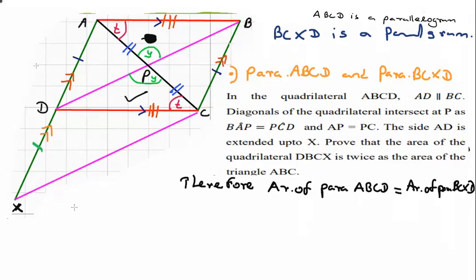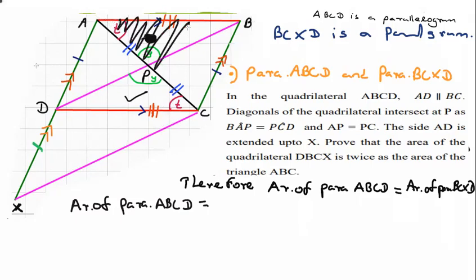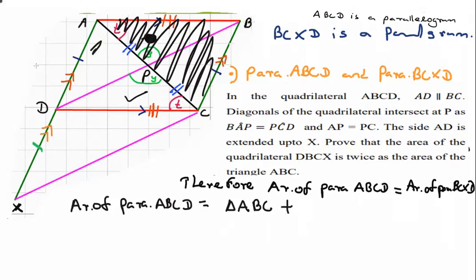So we can say, area of parallelogram ABCD. ABCD has two triangles, right? That's ABC, this one, that's triangle ABC, plus triangle, this one. What am I coloring now?